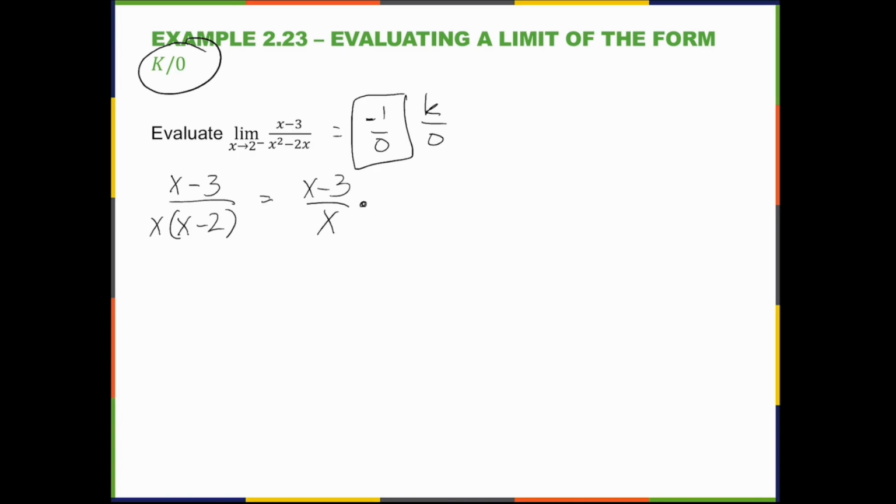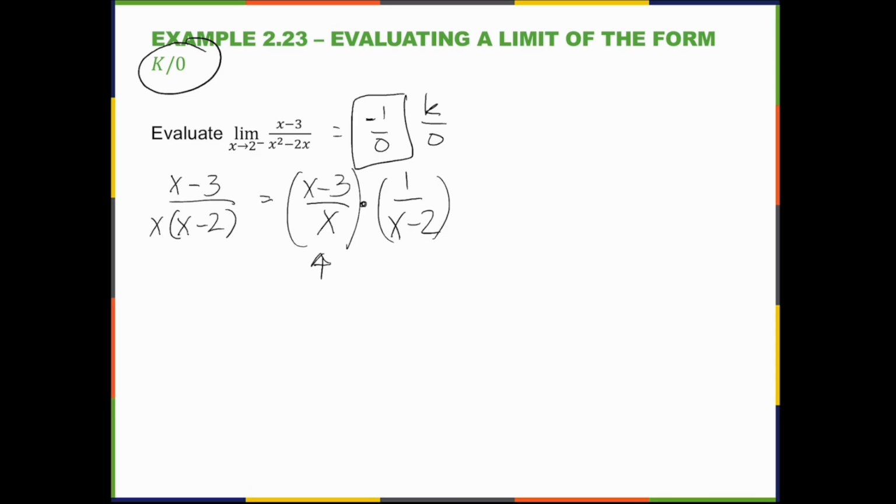So I'm going to rewrite this as x minus 3 over x times 1 over x minus 2. I want to separate the part of the problem, if possible, that's giving me the issue, and then look at them individually.